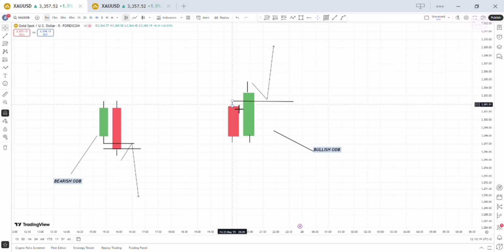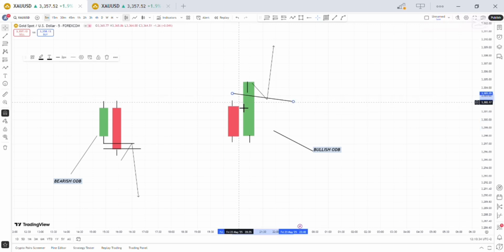But in a situation whereby we have a longer wick compared to the body, let's say this wick is long, then the body is tiny. Something like this.